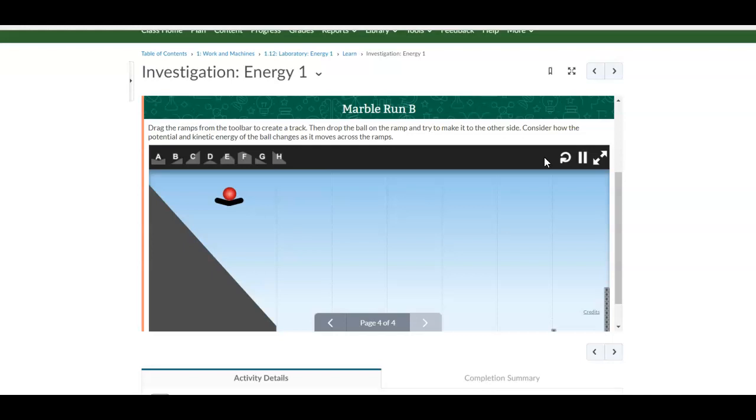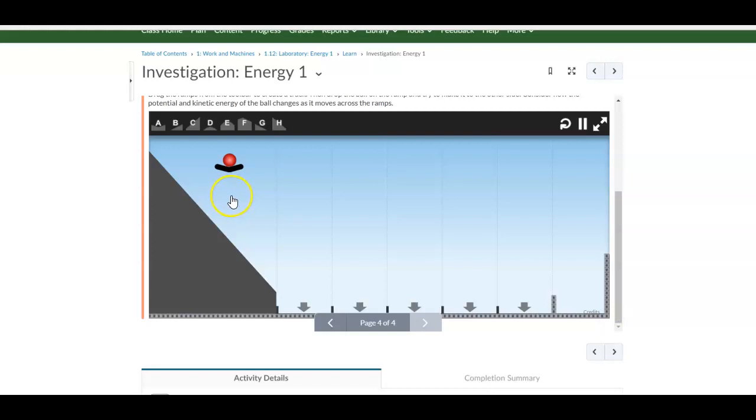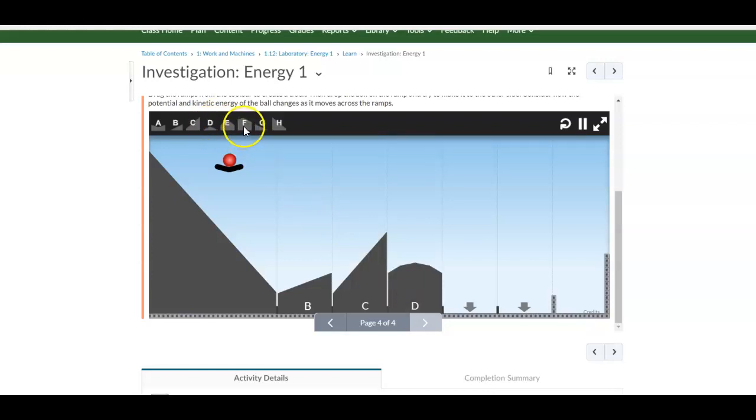So thinking about the potential energy, remember with the ball dropping and the speed, so kind of think about the picture you saw at the beginning of the lesson, how the energy of the ball changes as it moves across the ramps. So maybe we want to start it here and let it go up and jump, and then maybe fall down.